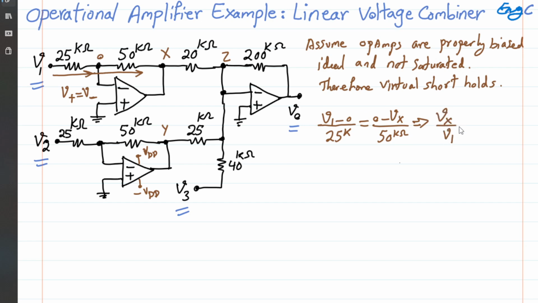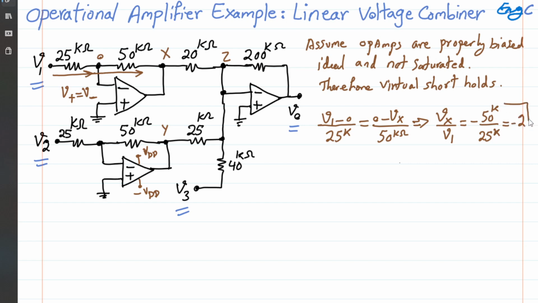Vx over V1 should be equal to negative 50K divided by 25K. As we expected, this will become equal to negative 2.